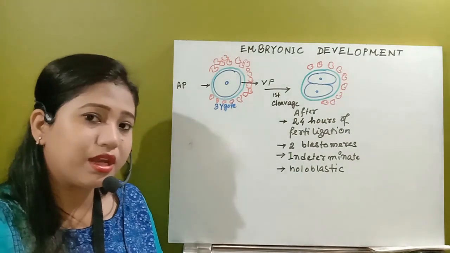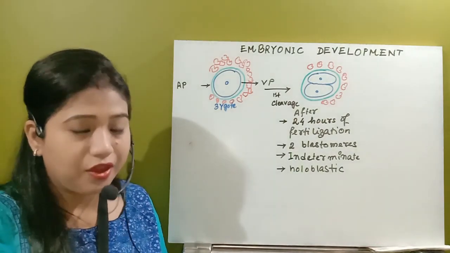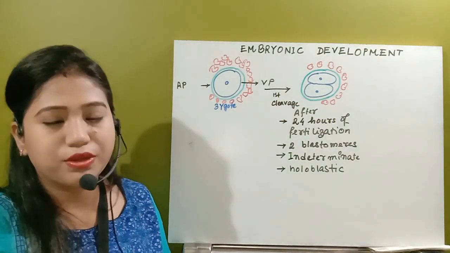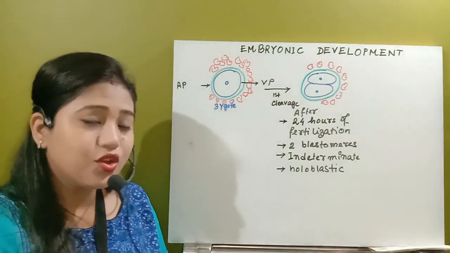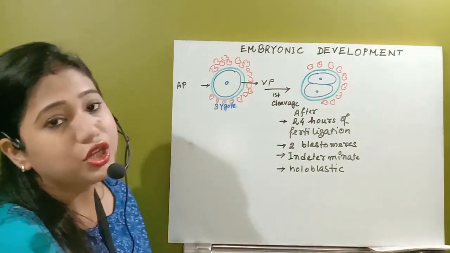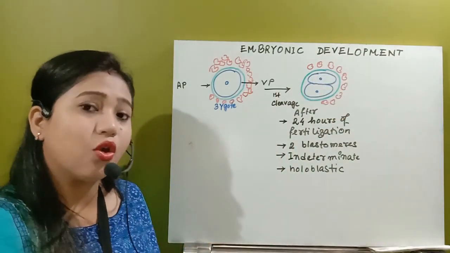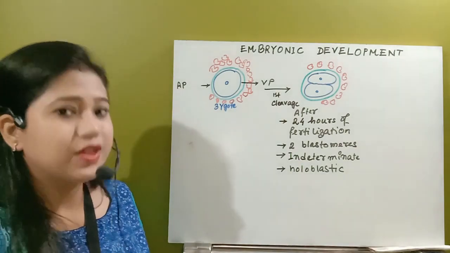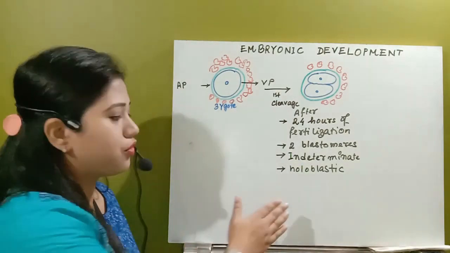But this is not happening in case of other vertebrates like reptiles and birds. In reptiles and birds, they have a large amount of yolk present. So that type of egg is known as macrolecithal egg. In case of macrolecithal egg, wherever the yolk is present, suppose yolk is present here, in that region cell division does not occur, which is not happening in case of microlecithal egg or in case of human egg.